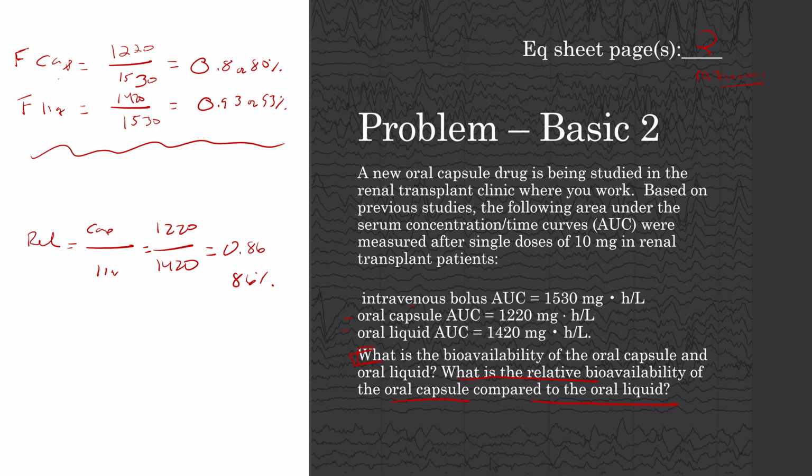So again, we already knew from the first calculation that the liquid is more bioavailable than a capsule. If you do it relative to each other, the capsule is 86% bioavailable as compared to the liquid. So it's pretty easy to do bioavailability calculations, but it's a concept you should definitely know for the boards.